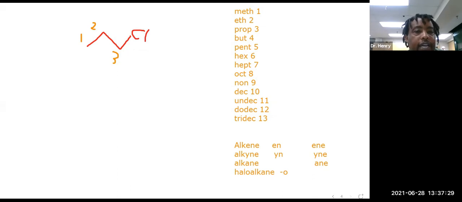So we would call this guy, the way we would name it, is the orientation, right? So the functional group is actually on that first carbon. So we would count this way actually. So that's one, 2, 3.